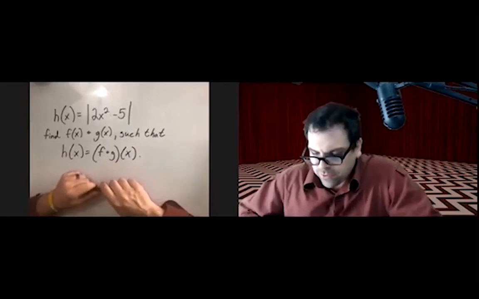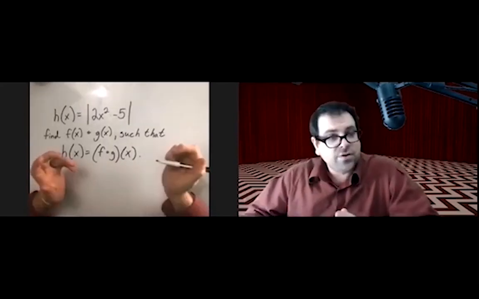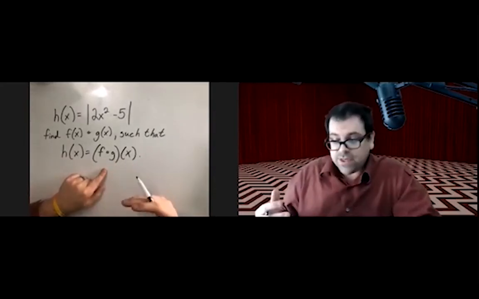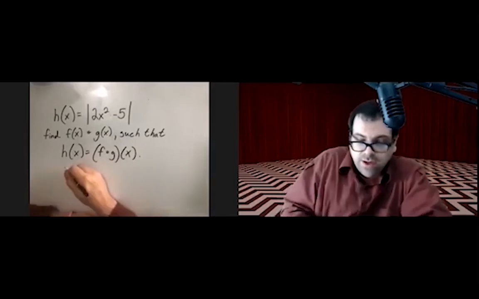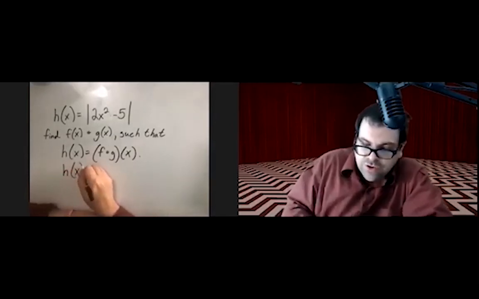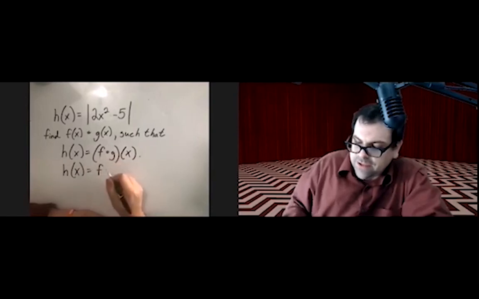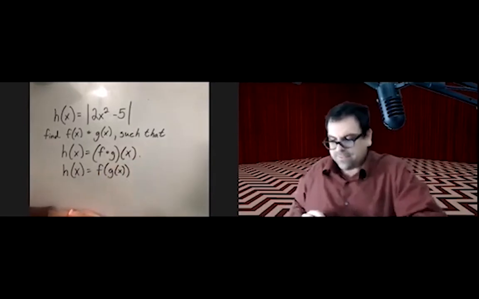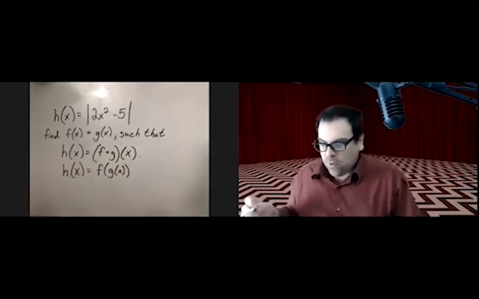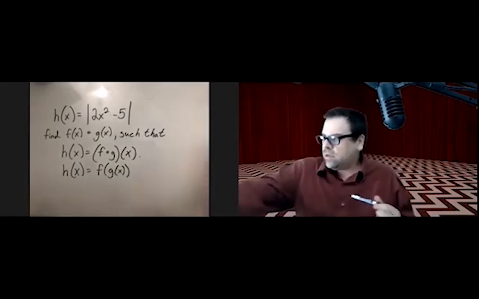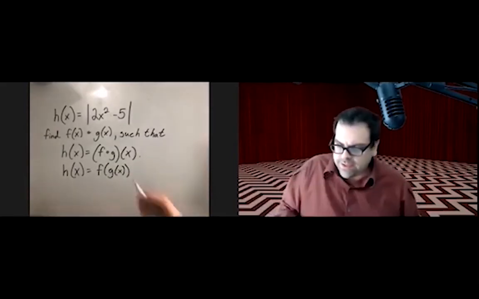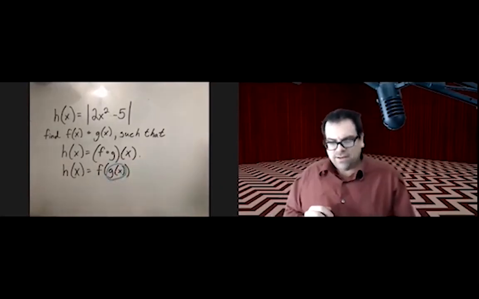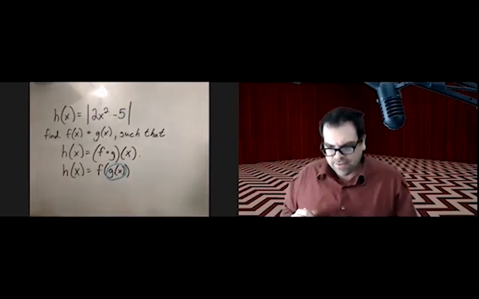Now, the way we're going to approach this is first, we're going to rewrite this composition the way that makes sense to us. Instead of f composite g, we're going to write h of x equals, keeping the letters in the same order, f of g of x. Now, what we see is that g of x is inside of f of x.